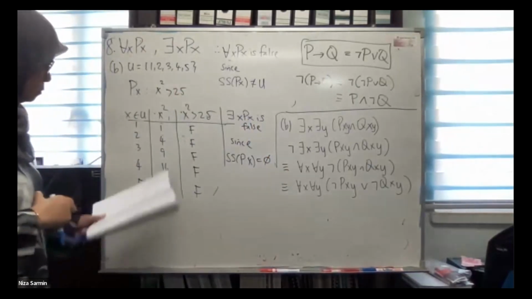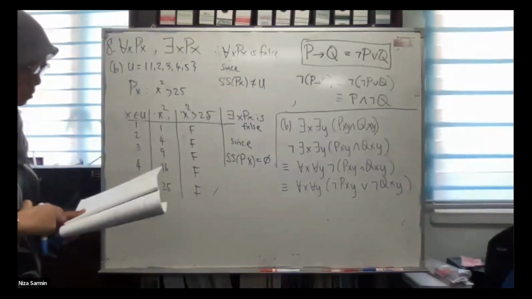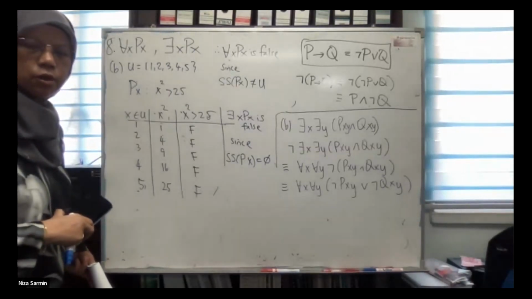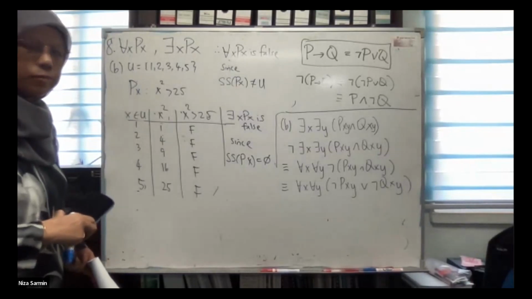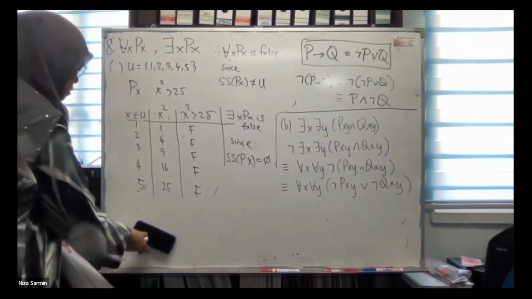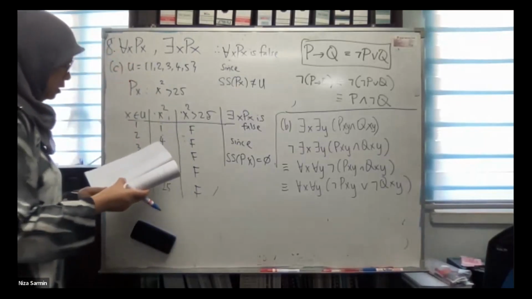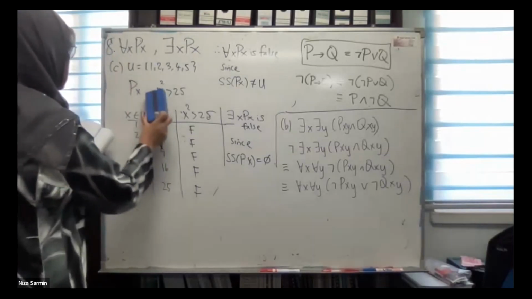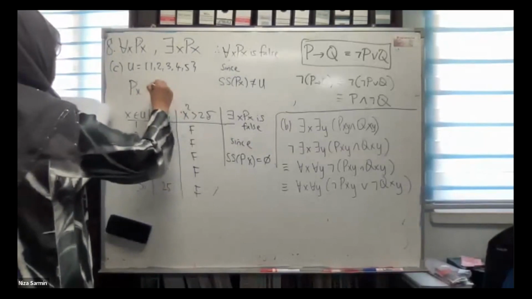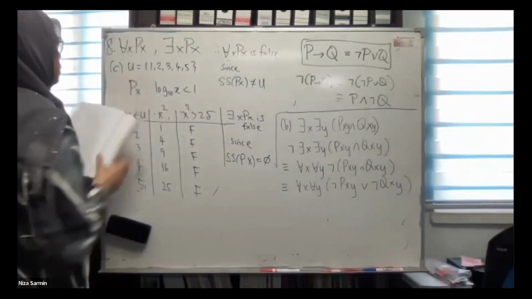Okay. Is this okay? Okay. So part C. 1, 2, 3, 4, 5, the same thing. Log base 10 of x less than 1.